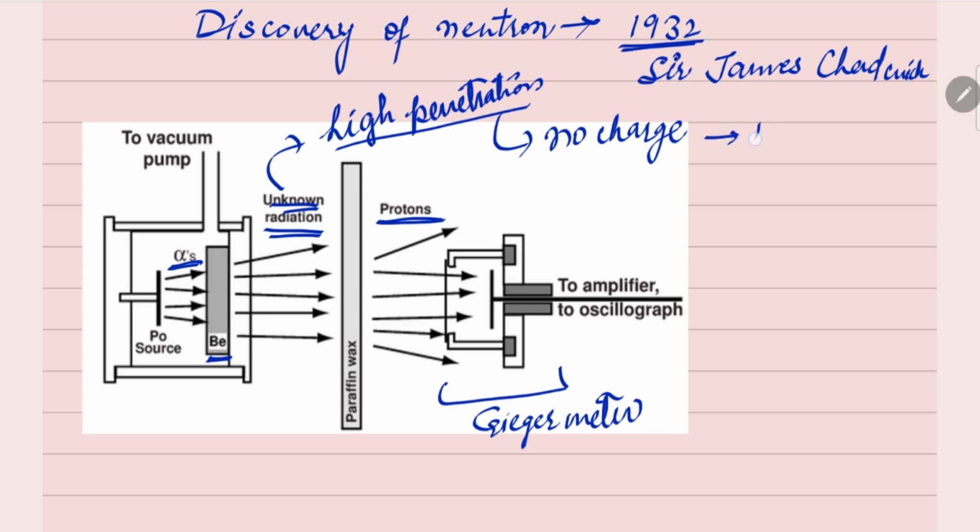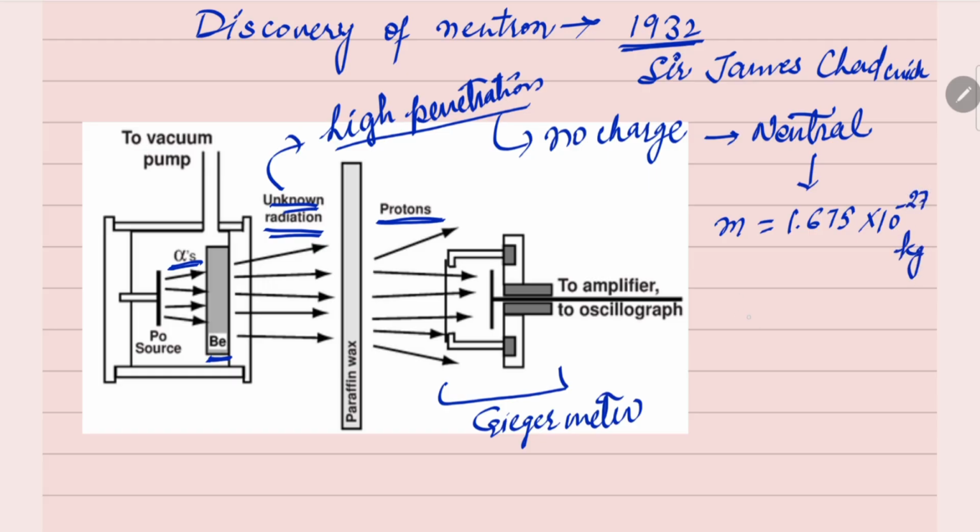So it was neutral. He also found out that these neutral particles had a mass of 1.675 × 10^-27 kilograms.